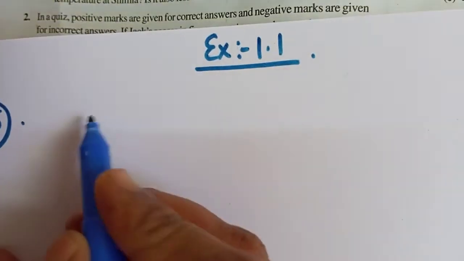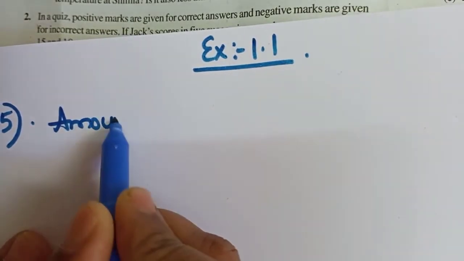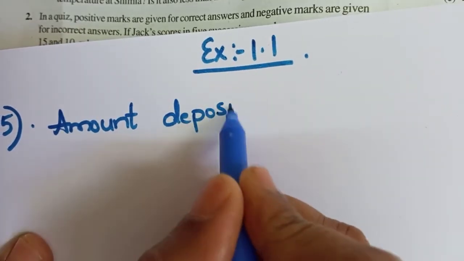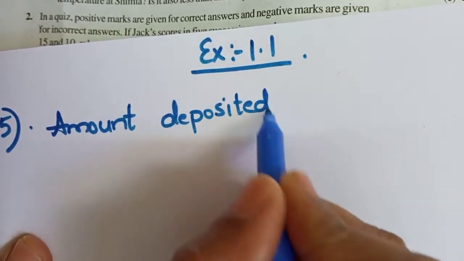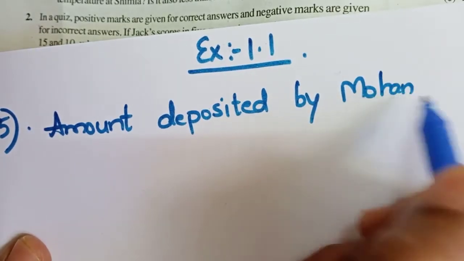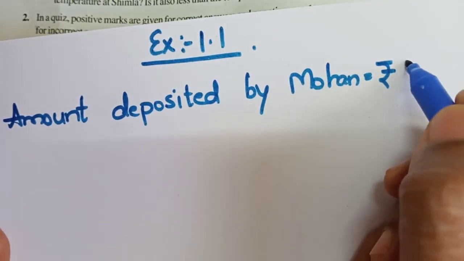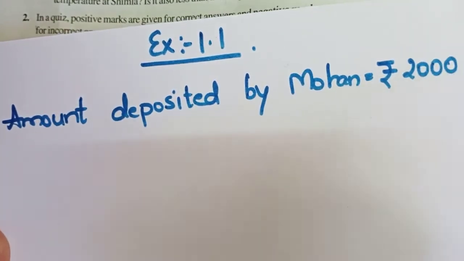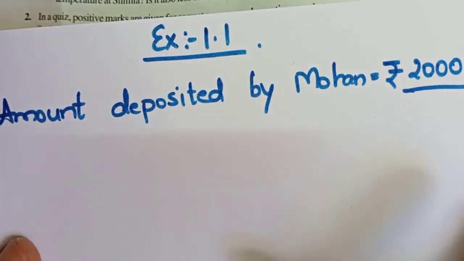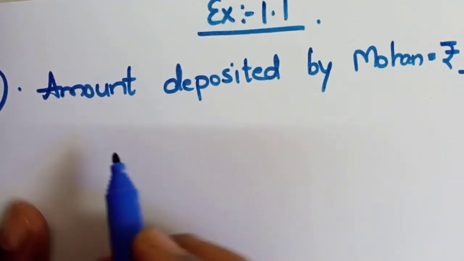See here, firstly, amount deposited by Mohan. How much is the amount deposited by Mohan? It is rupees 2000, isn't it? We thought anyway to represent it as a positive integer. So if you don't use any sign, it will be automatically positive.